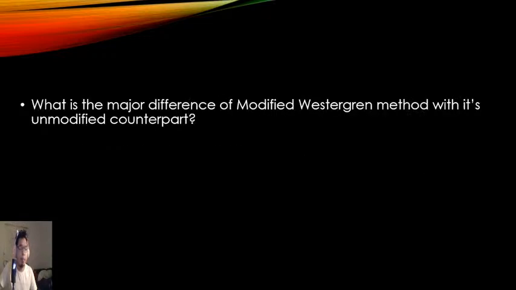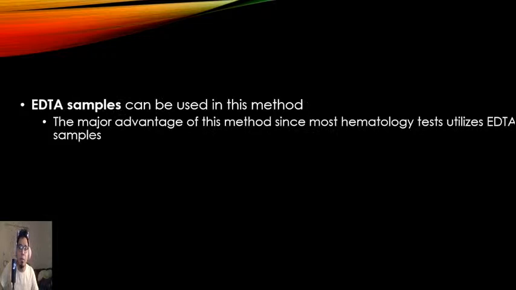All right. Now, what is the major difference between modified Westergren and its unmodified counterpart? Well, here you can use EDTA samples. The major advantage of this is that since most hematology tests utilize EDTA, there's no need to collect another sample.